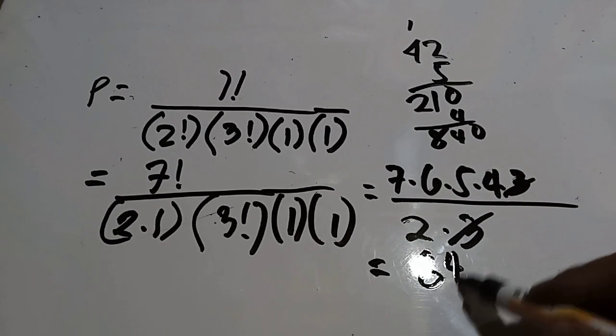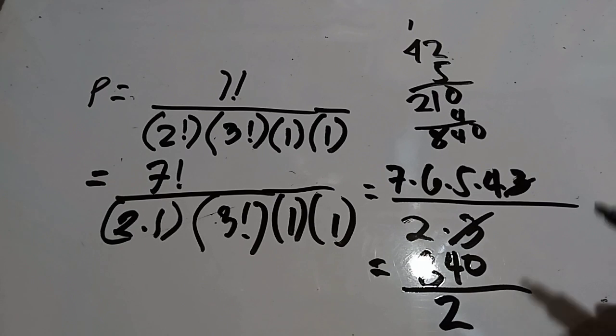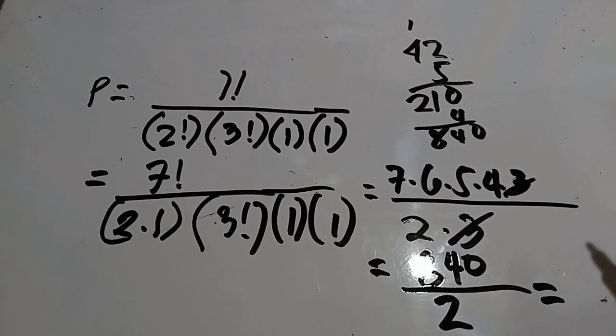So 840 divided by 2 is 420 ways. This means the permutations in the word attract is 420 ways.